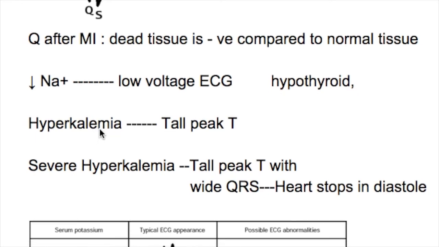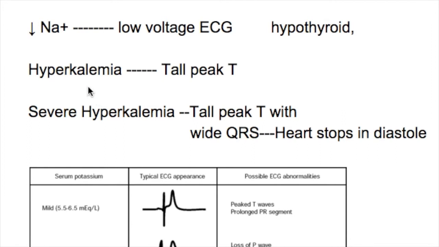Low sodium produces low voltage ECG. Also, hypothyroidism produces low voltage ECG. These are the non-cardiac causes of low voltage ECG. The cardiac causes of low voltage ECG we did in the other video: constrictive pericarditis, cardiac tamponade and restrictive cardiomyopathy.